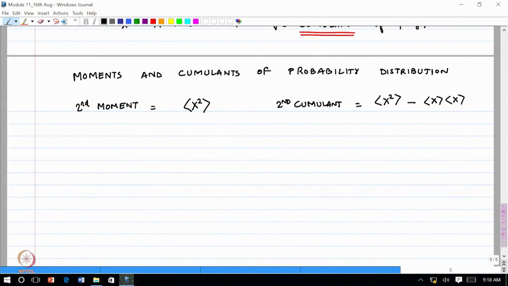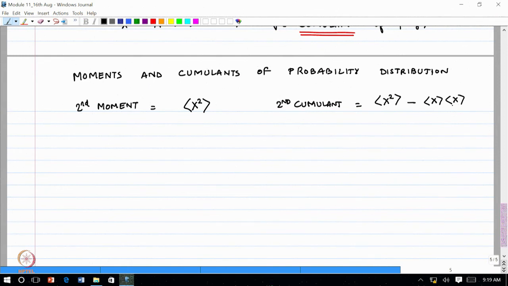What it says is that the second cumulant looks at the part of x square that cannot be written as a product of averages of x. So, it is the part of the second moment that cannot be written as a product of first moments.